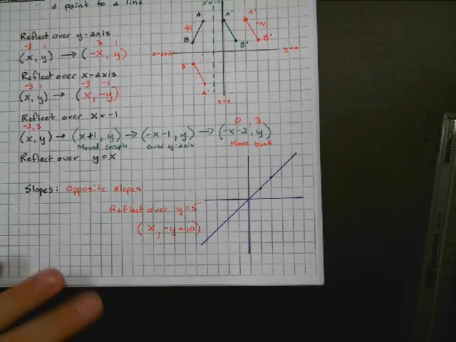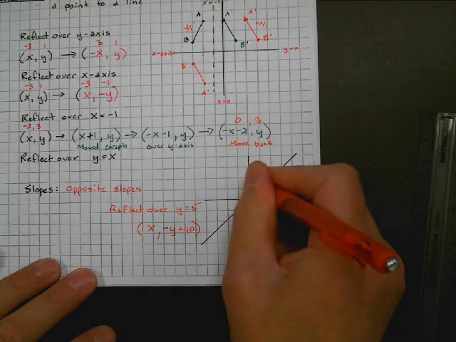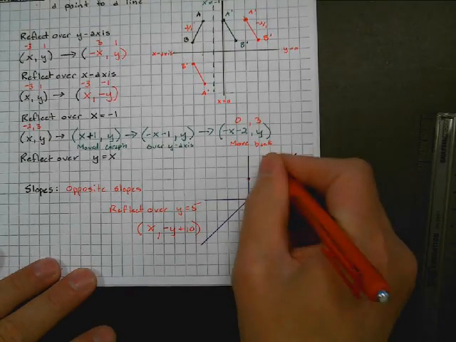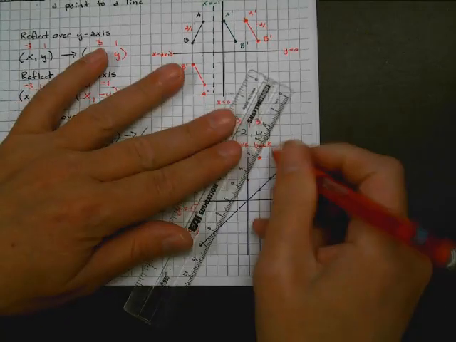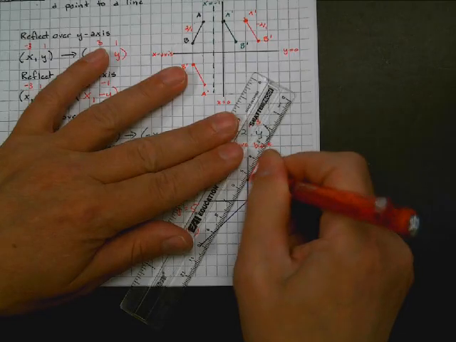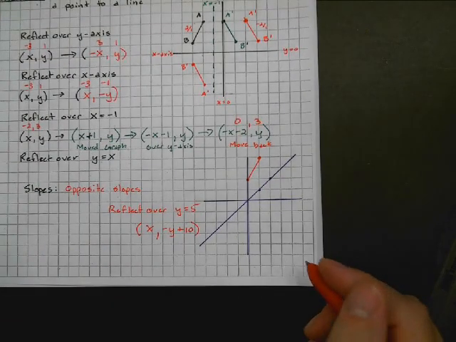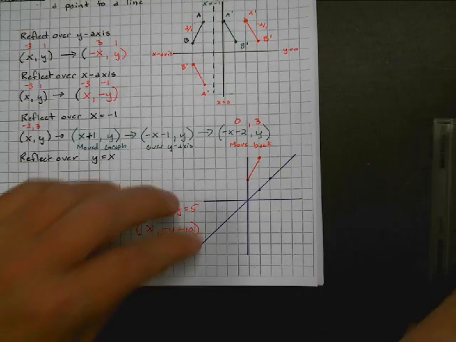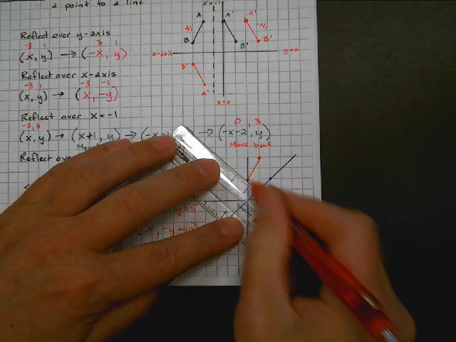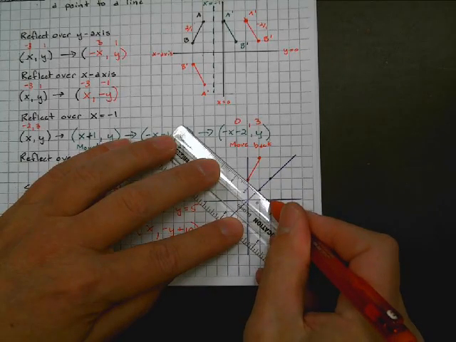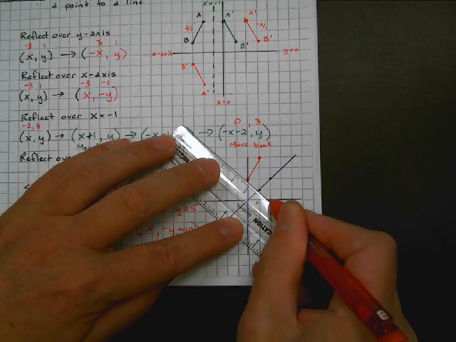And let's say that I had a segment. Let's put one of the points like right here, and let's put the other one right here. Okay, so there's my segment. The thing you have to keep in mind is when you are measuring distance to a line, you have to be perpendicular. So when I go across this line, I have to stay perpendicular to that line. So this point is one diagonal across, so I'm going to go one diagonal over this direction.